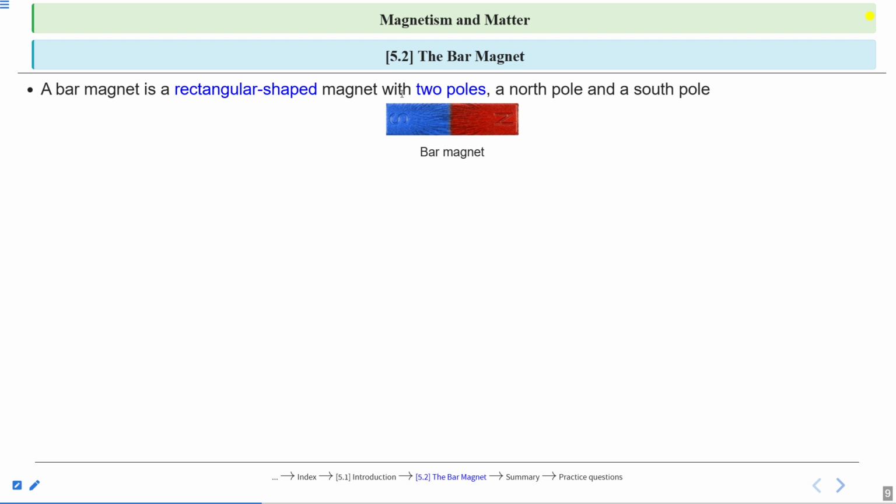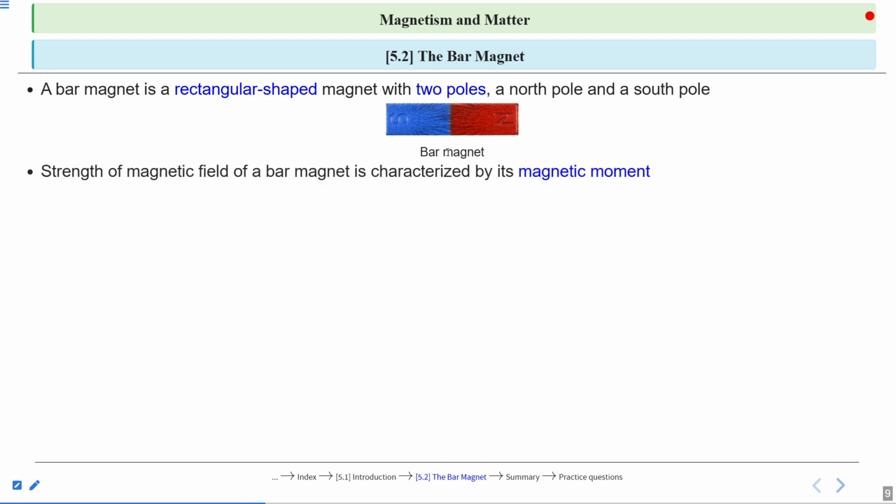It is rectangular shaped. One half of this magnet is blue and the other half is red. The pole on the red half side is the north pole and the pole on the blue half side is the south pole. This is the diagram for a bar magnet.